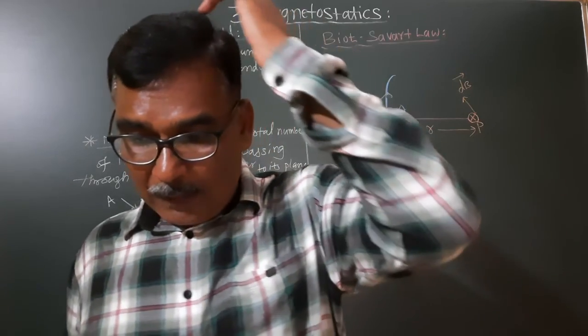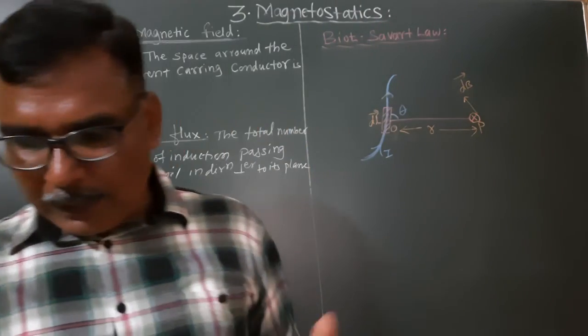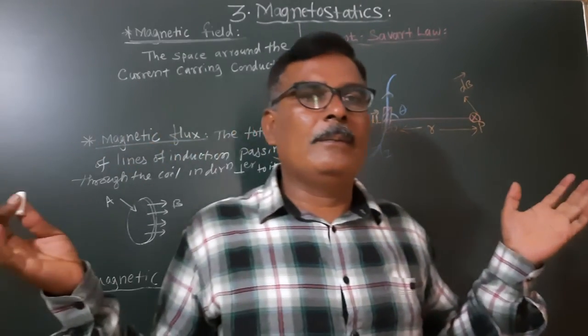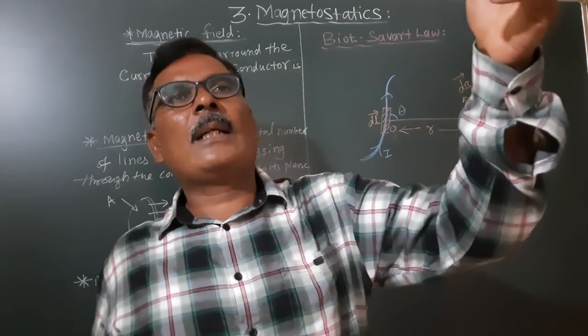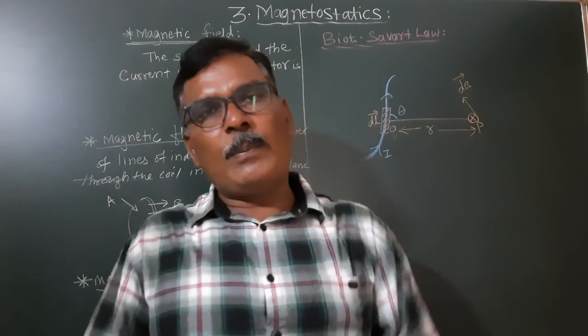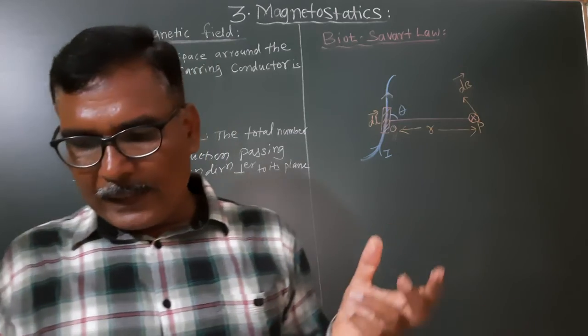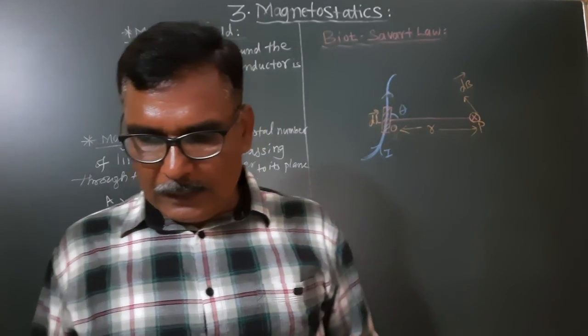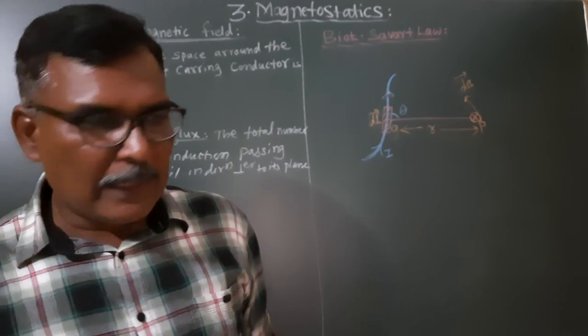Magnetic field. When an electric current is passing through a conductor, what will happen? Let us consider one conductor with electric current passing through it. At that time the conductor produces a magnetic effect.